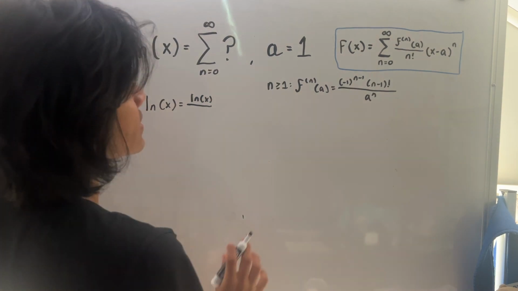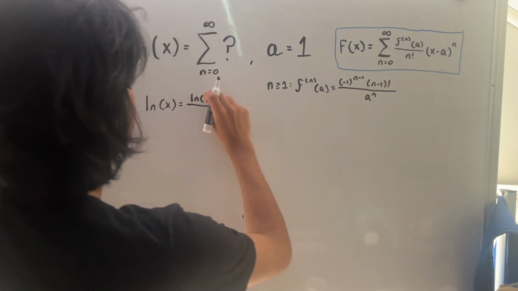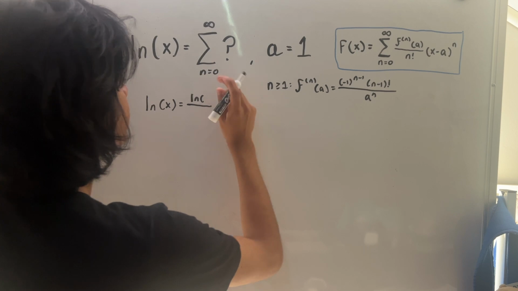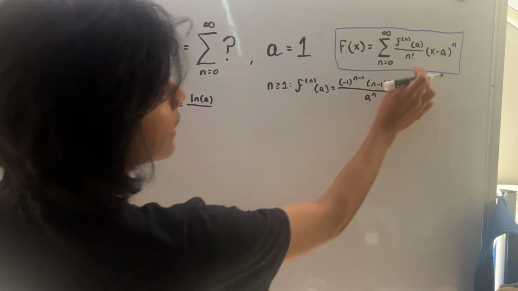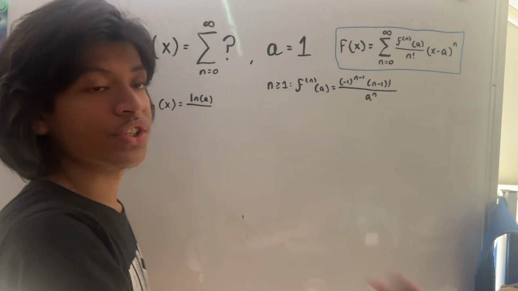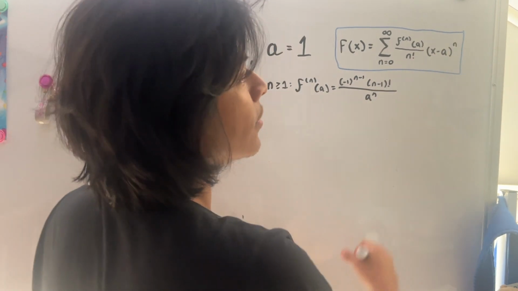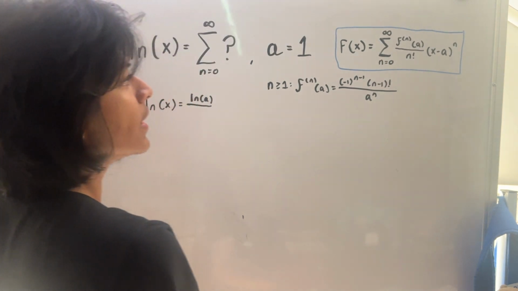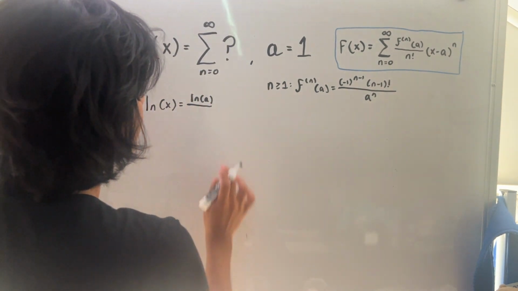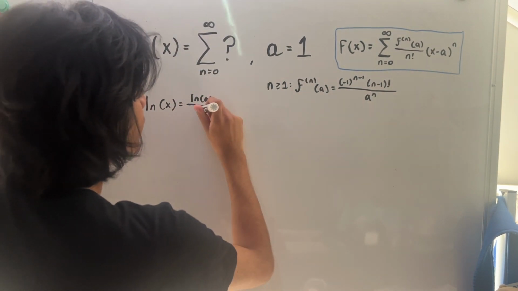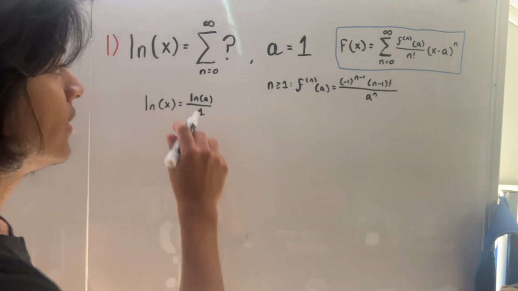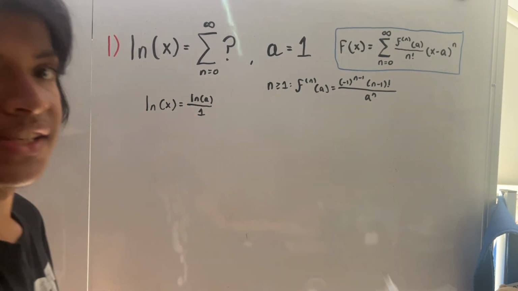So ln of x, or actually it would be ln of a, sorry, my bad. And then here we would have 0 factorial, which is just 1. Then we have this x minus a to the nth power, which would also be 1 when n is equal to 0. So we would be left with ln of a over 1. And that takes care of when n is equal to 0.